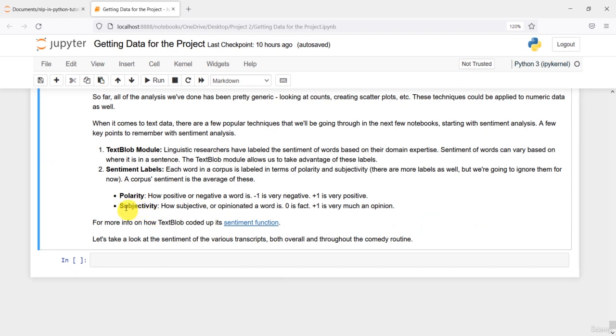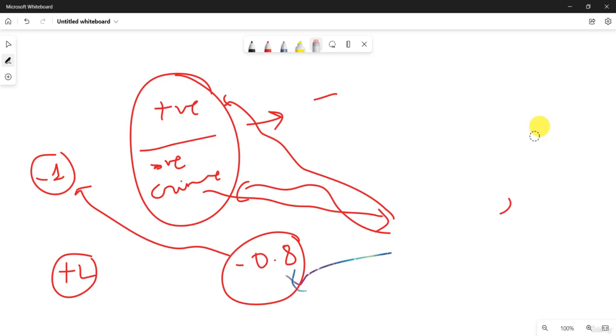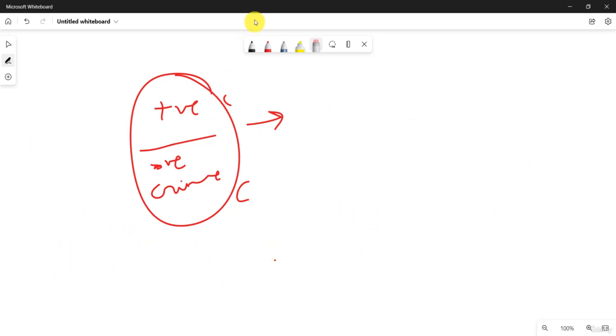Now we have subjectivity. Subjectivity defines how subjective or opinionated a word is. If the value for subjectivity is 0, that means it is a fact. If the value of subjectivity is +1, that means it is an opinion. Let's say I have a word and I need to find its subjectivity.